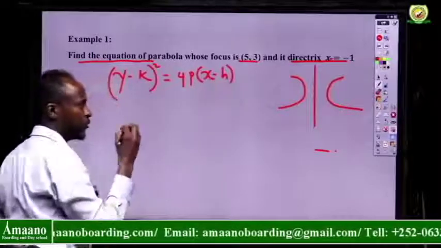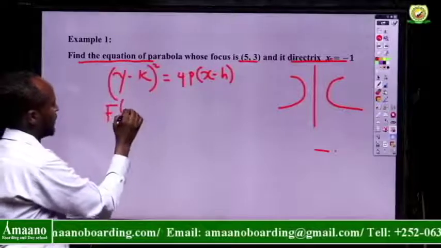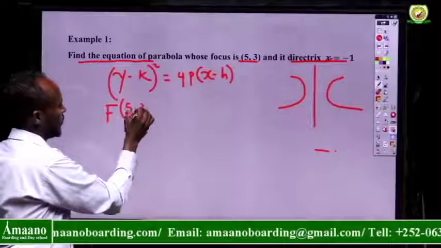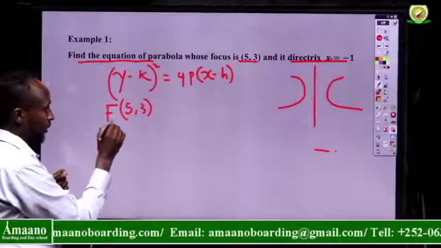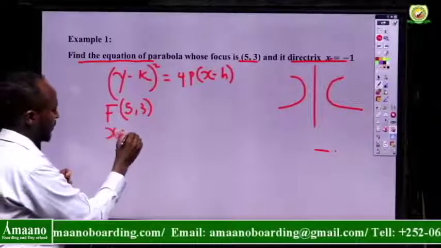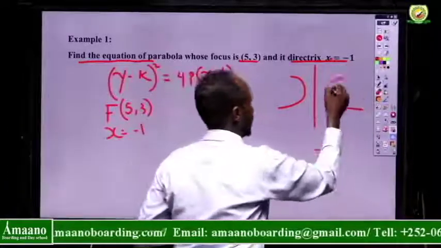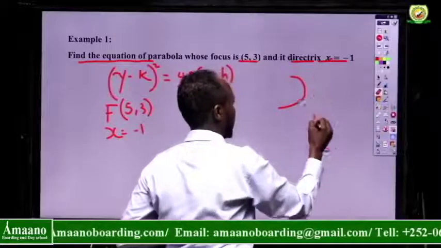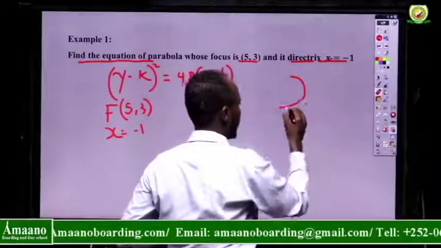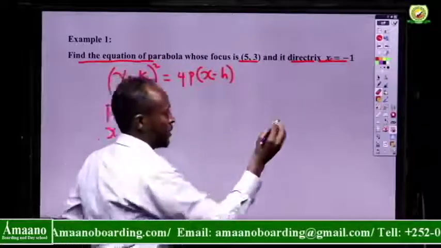But let us write what we are given here. We are given the focus as 5, 3. Also, we are given the directrix as x equals -1. Let us draw an illustrated diagram.